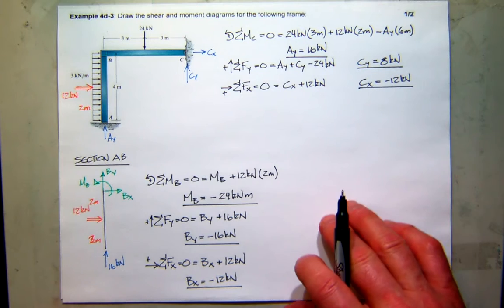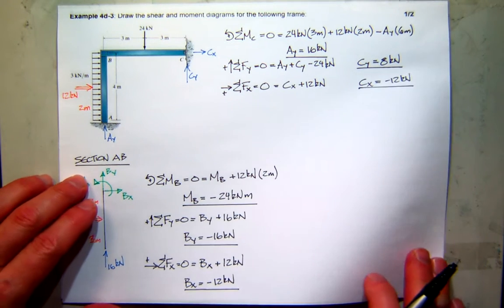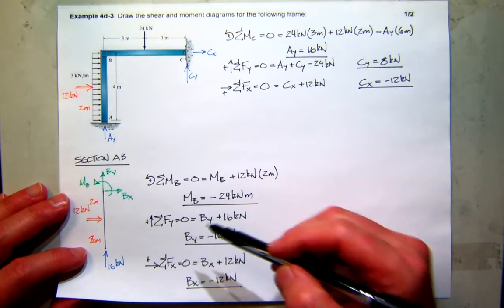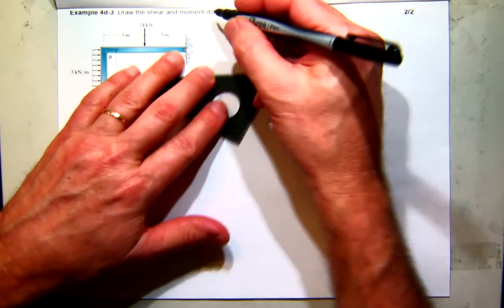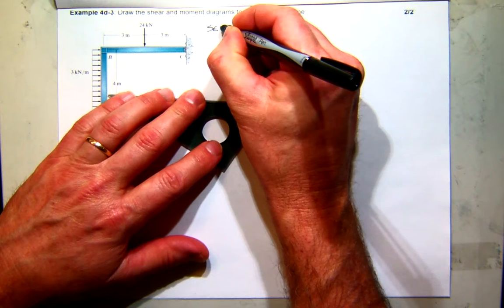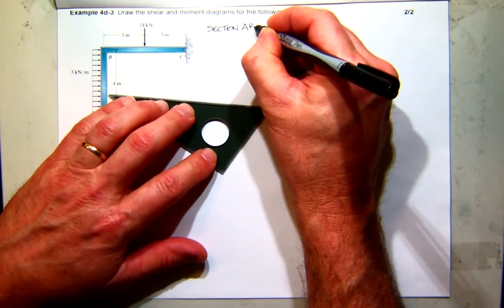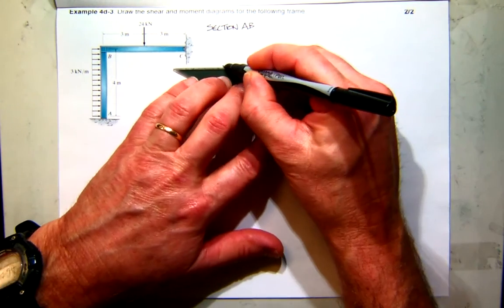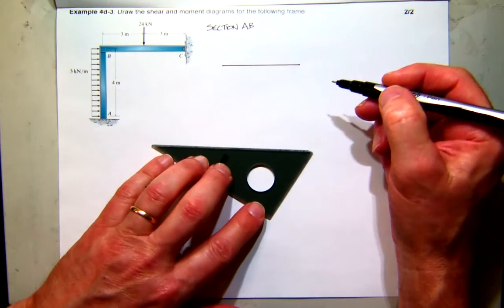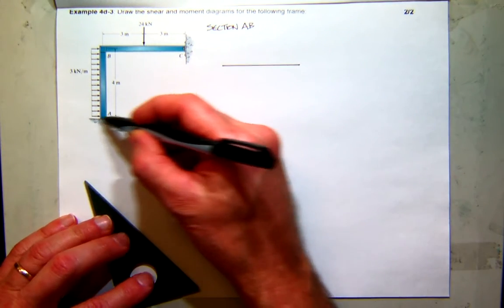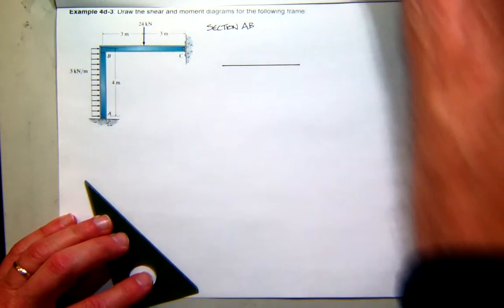So now it's time to draw the shear force and bending moment diagram. So we'll start with section AB. So I'm going to take this and I'm going to kind of rotate it over. And we'll draw it right here. Now, do I have a force in the X direction at A?